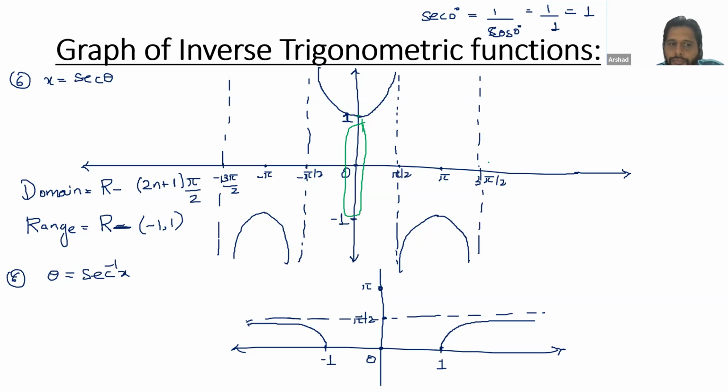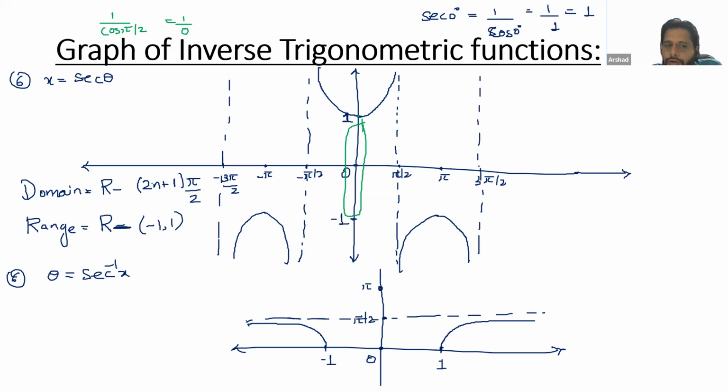Okay, and whose doubt is this? Omer, if you see here, for pi by 2, this sec does not exist. Why? Because sec is 1 by cos, and if you write pi by 2 here, you get 1 by 0. And I already told you many times that in the denominator, you should never get a 0. So that means this does not exist for pi by 2, 3 pi by 2, 5 pi by 2, that means odd multiples of pi by 2.